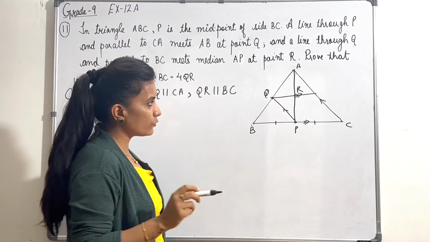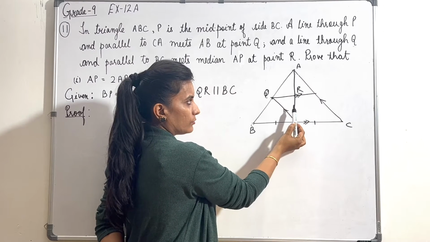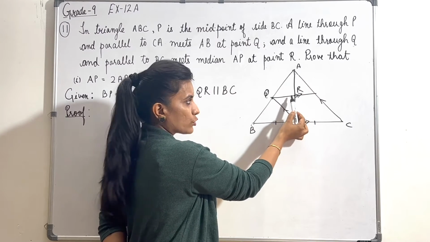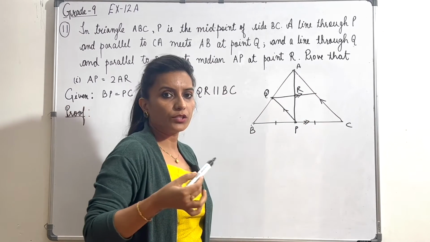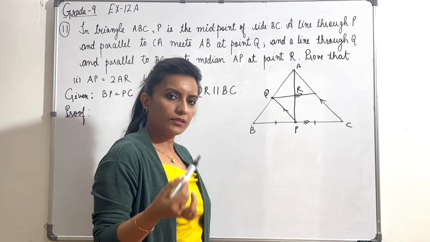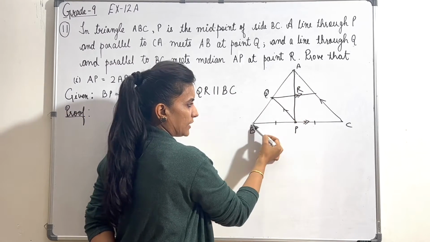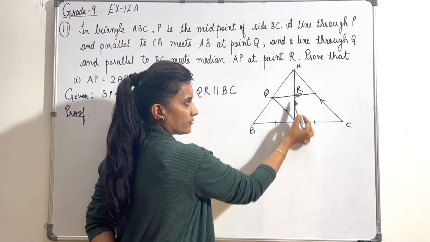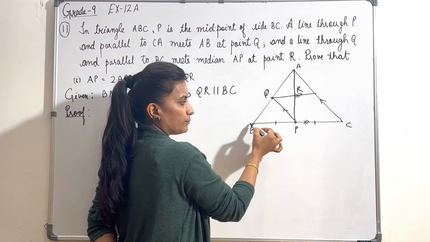For this you have to show that R is the midpoint of AP, correct? Now, since you have to show R is the midpoint of AP, you will think how you can use the midpoint theorem or converse of midpoint theorem. So let's take triangle ABP, because we have to show R is the midpoint of AP.